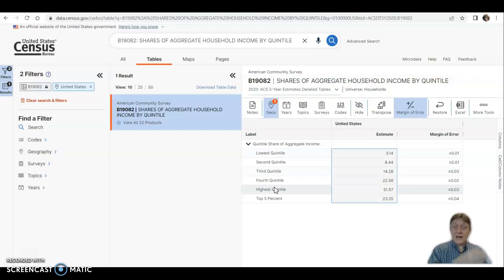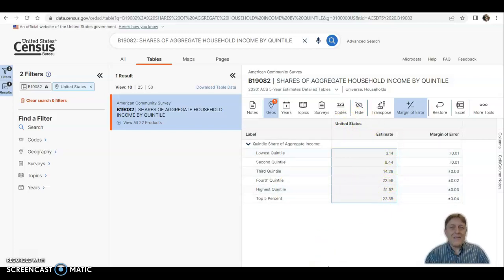Not surprisingly, the highest quintile, that is the people who earn the most income, have the highest share. But what's interesting to look at is the difference from what would happen under conditions of perfect equality, which would be 20% to each quintile, right? Because 20 times 5 is 100%. And to notice that we have a deviation from this in the United States overall.